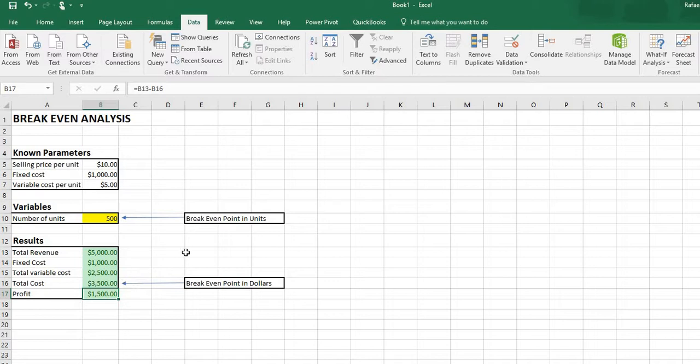And I will show you guys the formulas after I show you how to find the magic number, the break-even number. So this is how you would do it. We would have to use Goal Seek. So you click on the cell which contains the variable, which is the number you're trying to find. Go to What-If Analysis, click that, click Goal Seek.